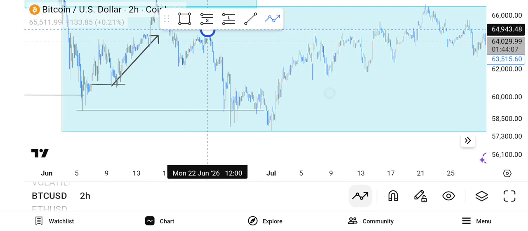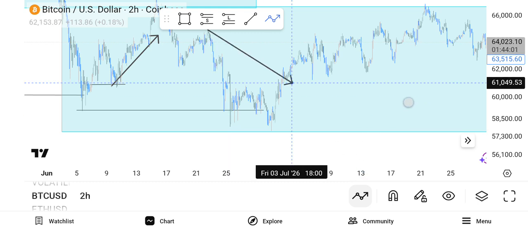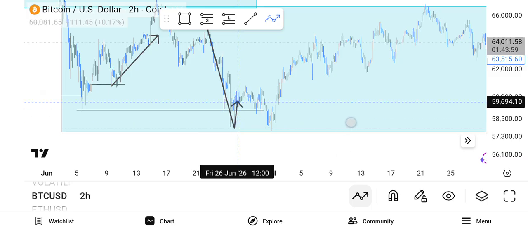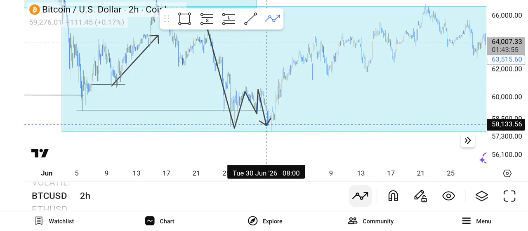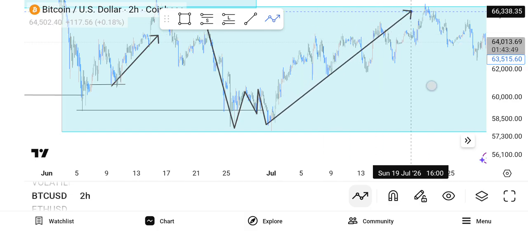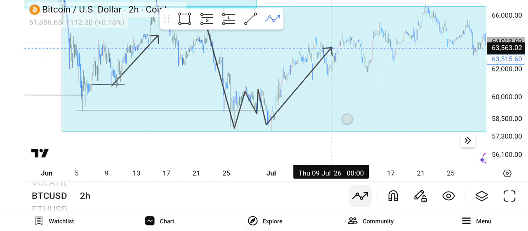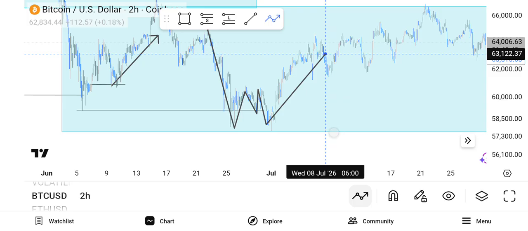Consolidation, consolidation, consolidation. Then we have a confirmation here. Another huge buy. This buy here has failed up here, and this is the same buy that is continuing.